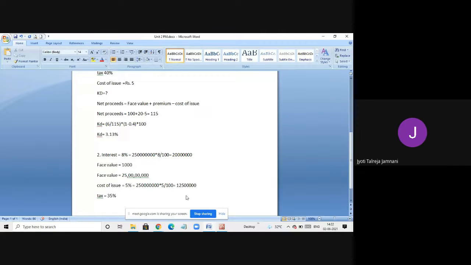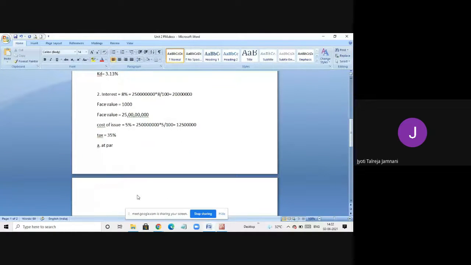Now we'll find the net proceeds, which we are going to do 3 times. That means first we are going to do at par. So here I'll write A, at par. At par we'll find the net proceeds. Net proceeds is equal to face value minus cost of issue.